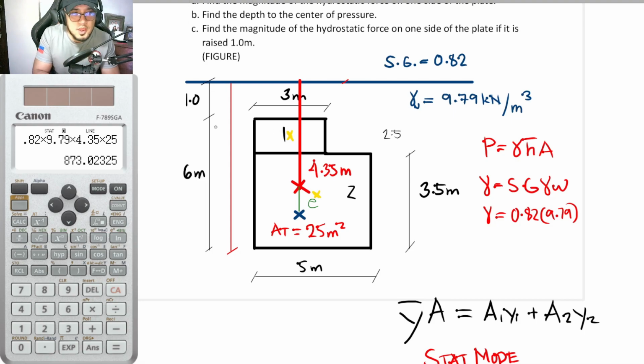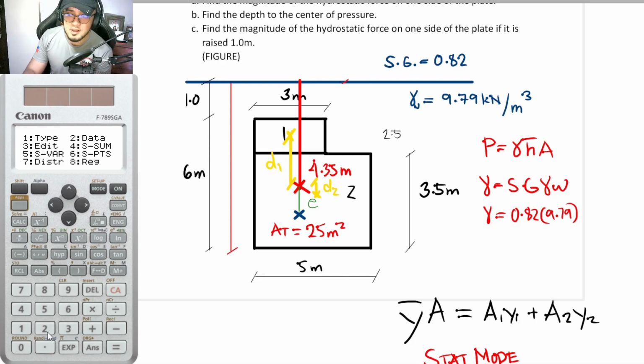So the D in this case, for our first one, is this value. And for our object number 2, it is now this value. So this is D1, and this is D2. With that, we will now be editing our table in such a way that the value for y is the value of d itself.